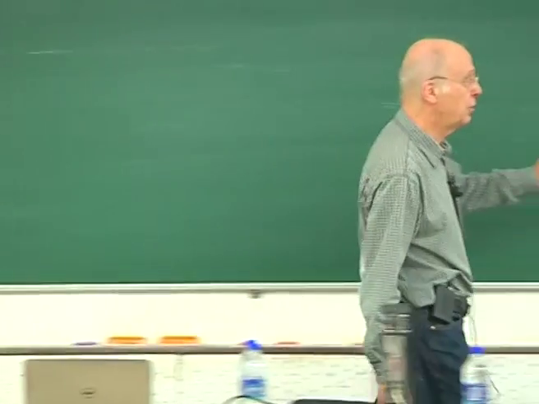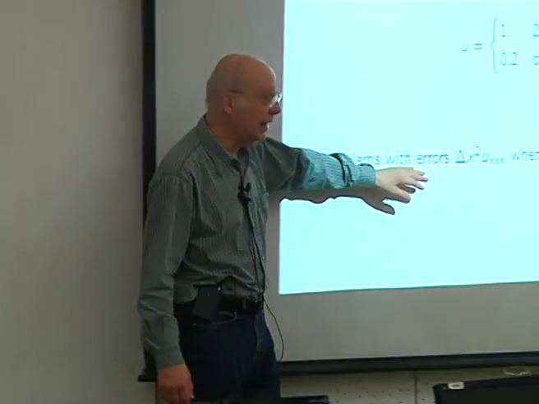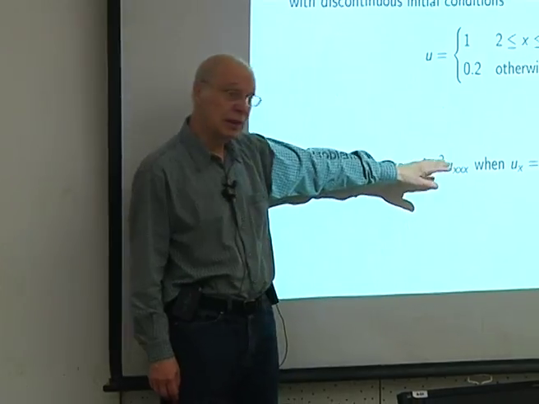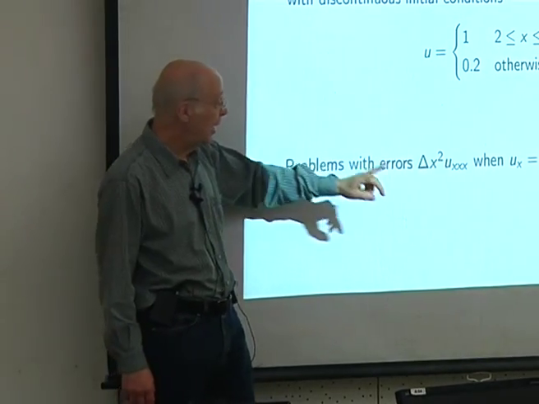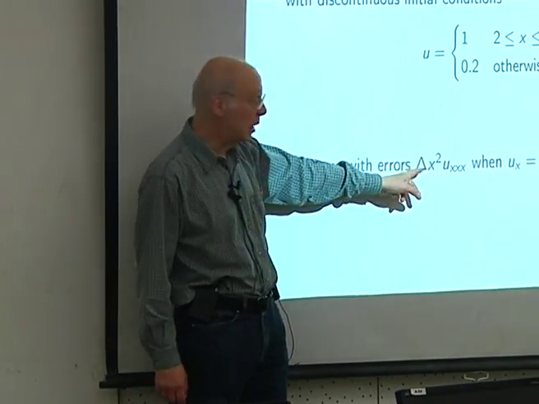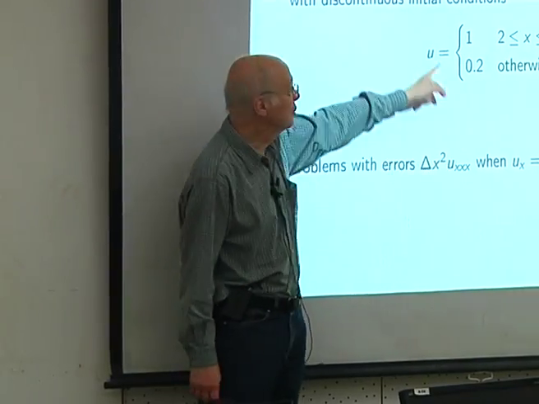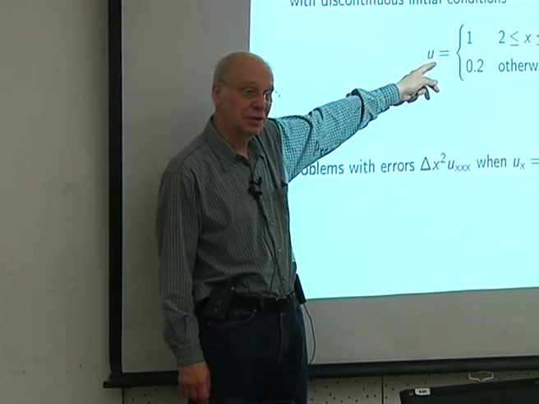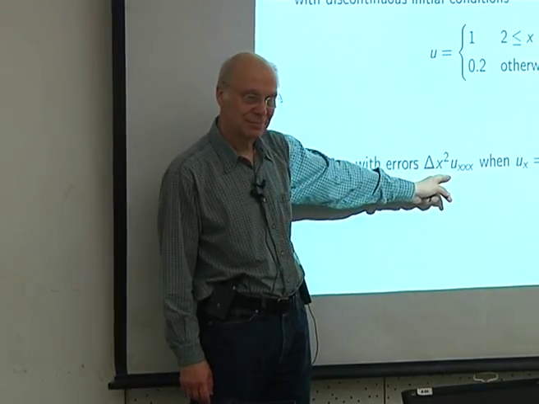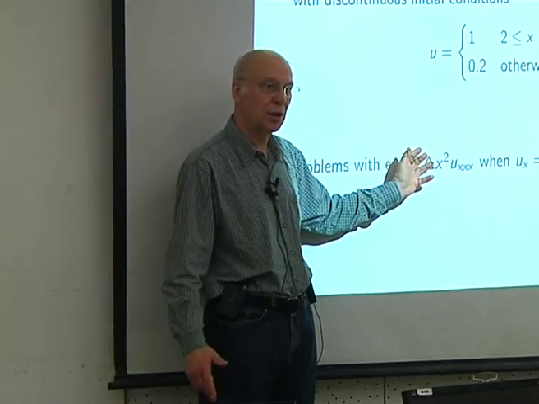And you know there's going to be problems when we had the dispersion methods, the second order methods. The error was delta x squared, but was the third derivative of u. This solution doesn't have a first derivative at the discontinuity. So our error estimates don't work.